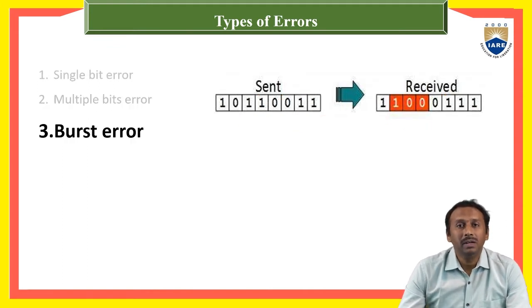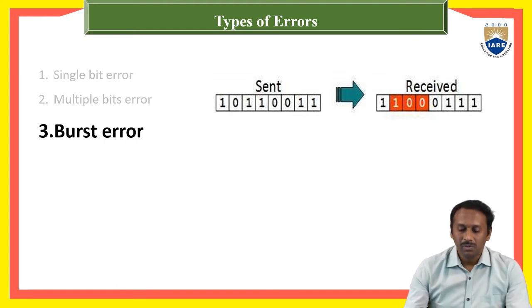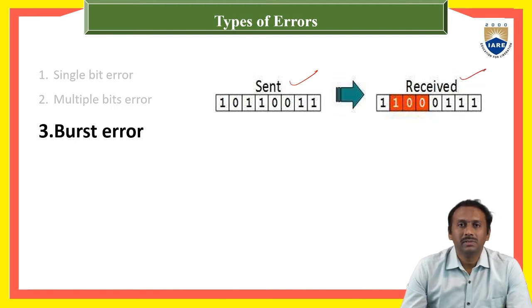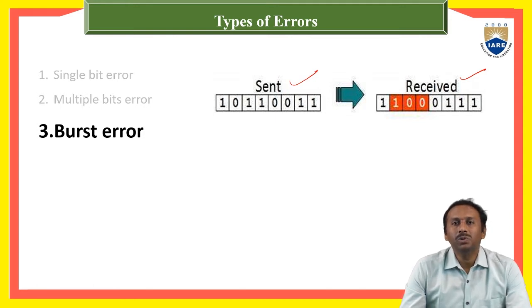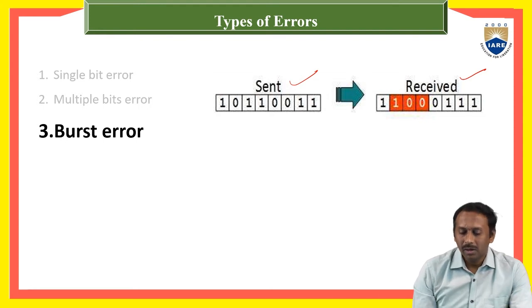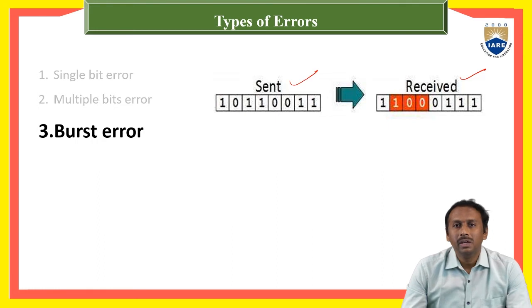The third important one is the burst error. In a burst error, the sender and receiver transmit the frames, and during the transmission more than one consecutive bits will be corrupted. That means the bits are changed: instead of 1 it may be 0, instead of 0 it may be 1.